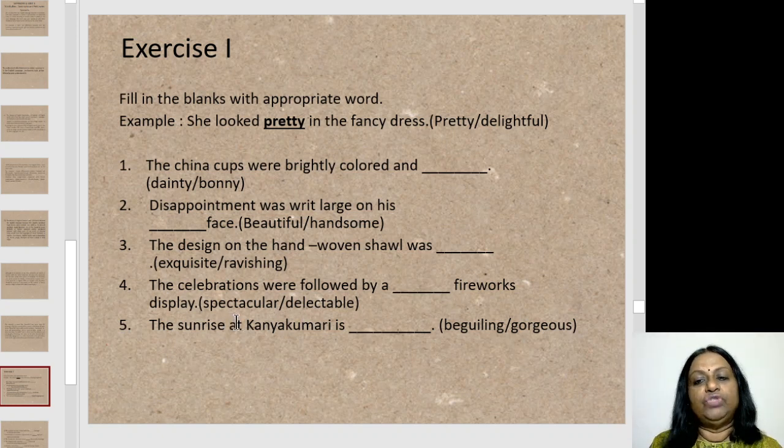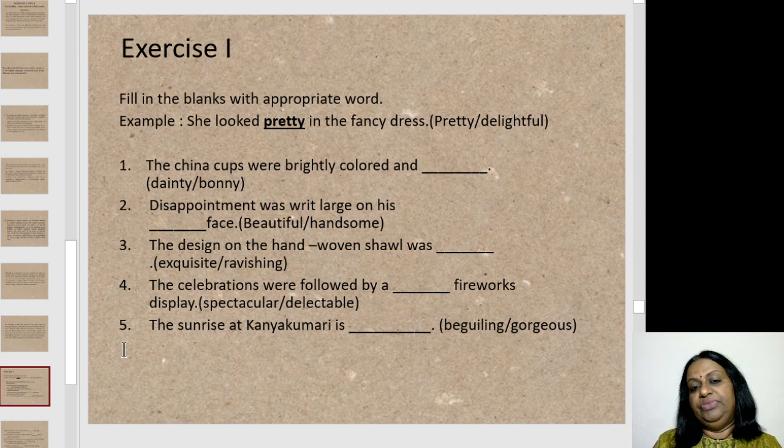The celebrations were followed by a spectacular fireworks display because it shows the grandeur of the fireworks display. Delectable would be more appropriate if it was something to eat. If you were describing food or cuisine, then delectable would have been an appropriate word.